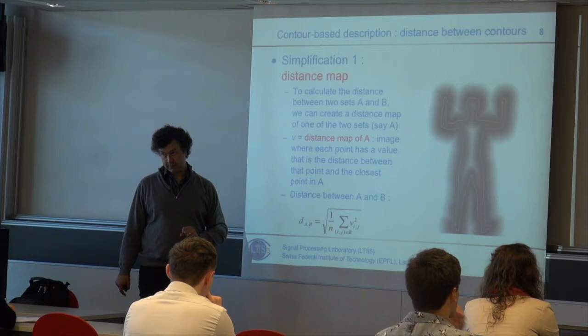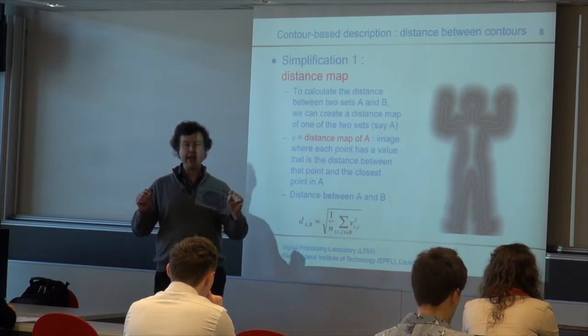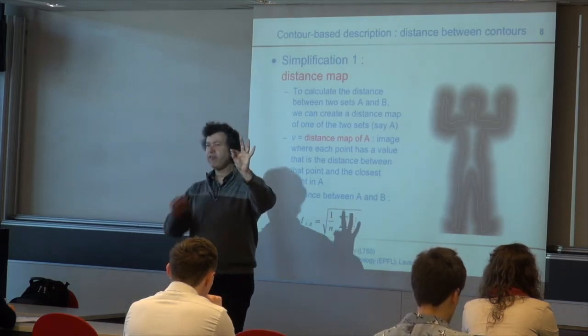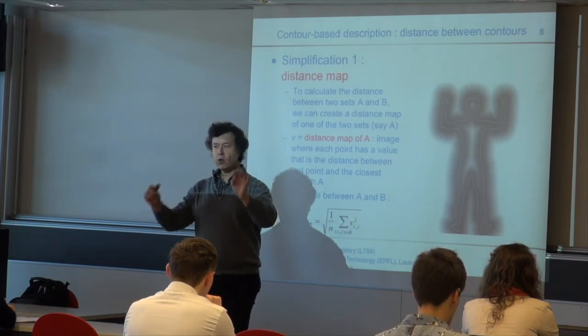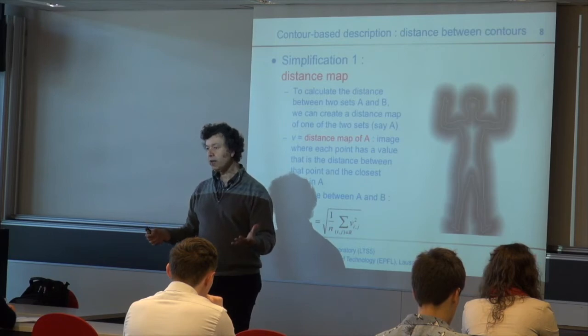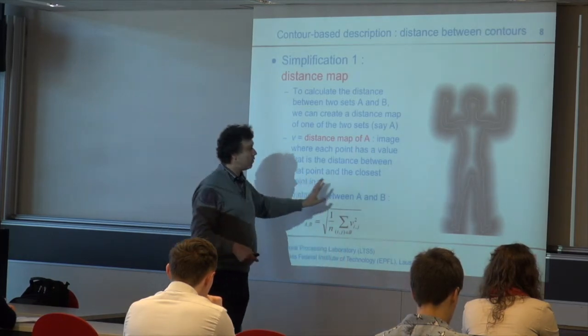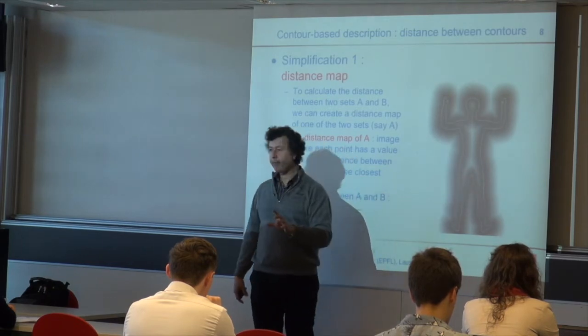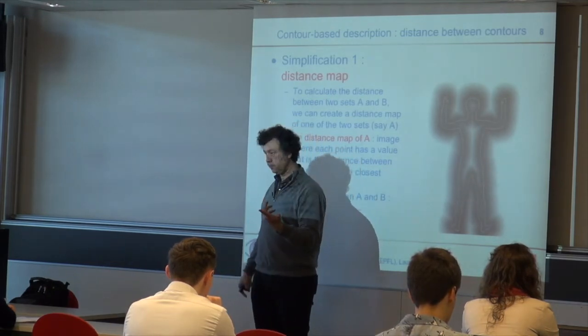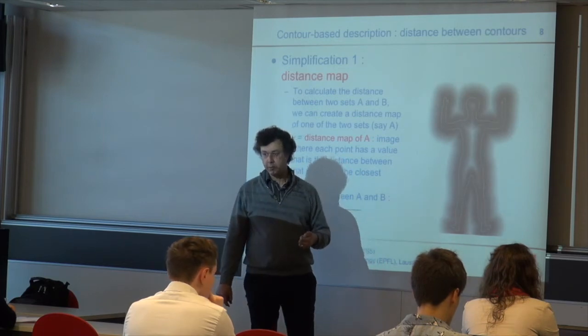distance map. Because remember, each time I have to take a point of an object, find the closest point of the other by searching for all the points. So a way to speed up that, and it's just a way to speed up, is to calculate once and forever what is called a distance map of the object that doesn't change, of one of the objects.